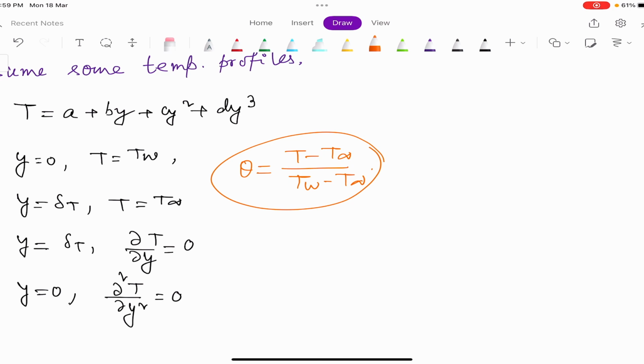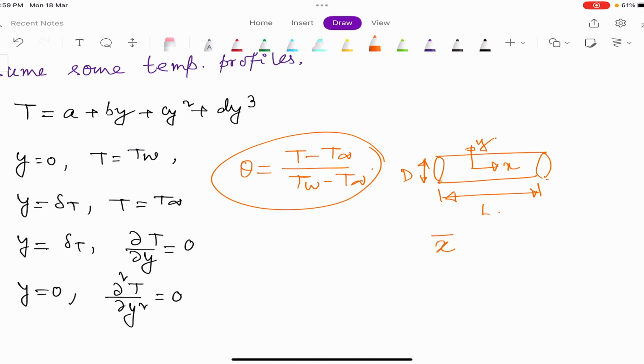Now you can non-dimensionalize a single variable by many things. Like, let us say you have a pipe, then you have two predominant length scales for the pipe, L and the diameter D. Now if you have the coordinate system x and y, you can define a non-dimensionalized variable x bar like x by L. You can also define it by x by D. Both are correct in terms of mathematics.